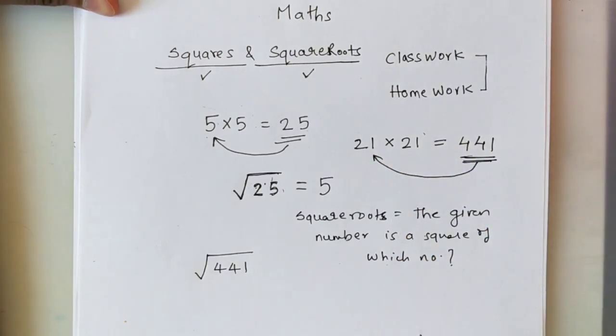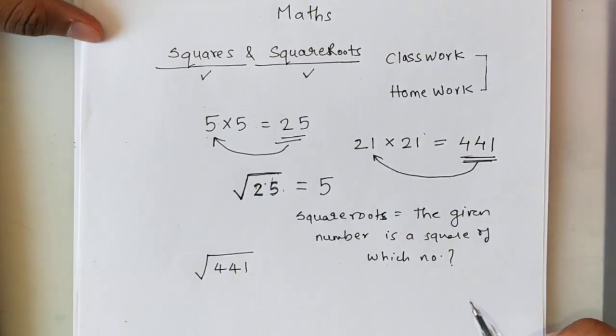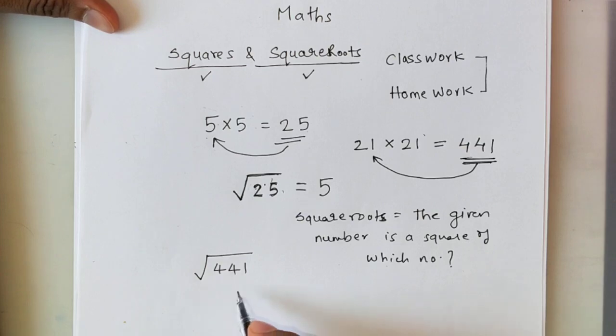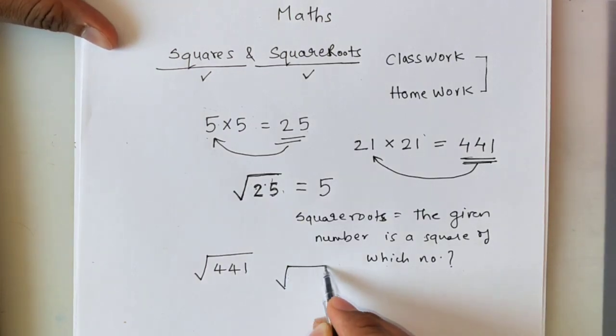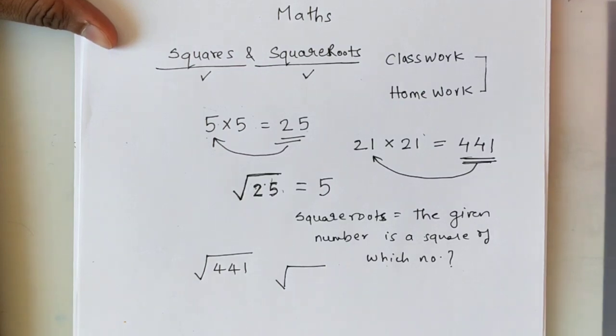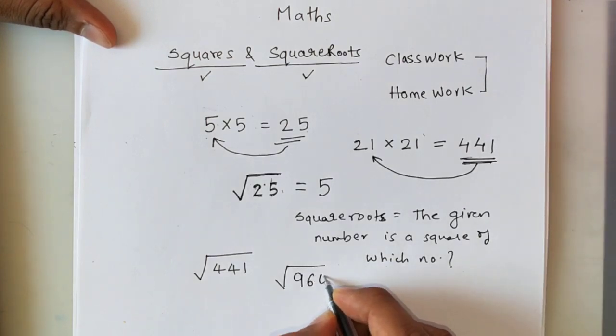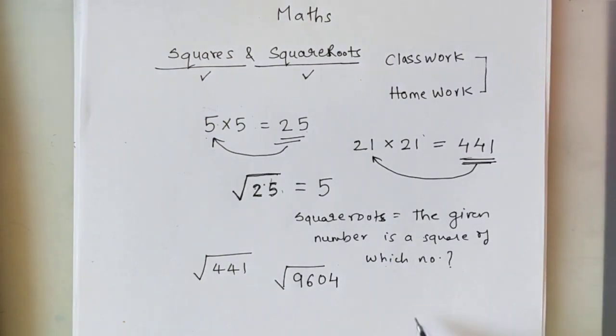But most of you may not know. So how can you find the square root of a number which is big? It can be even bigger. For example, I can even ask you to find the square root of 9604. It is an even bigger number, a 4-digit number.